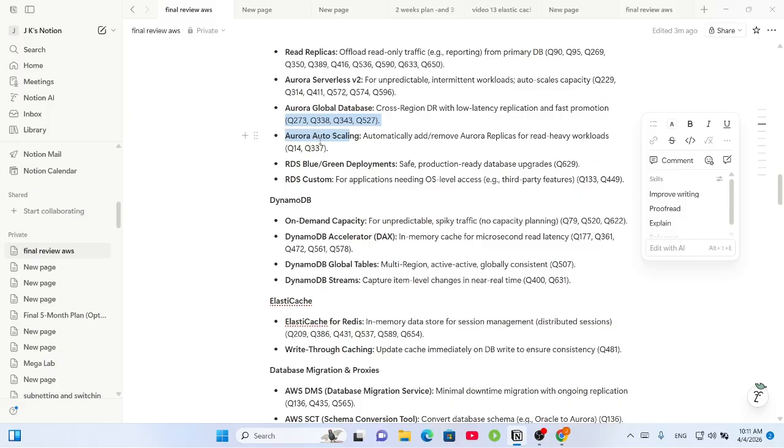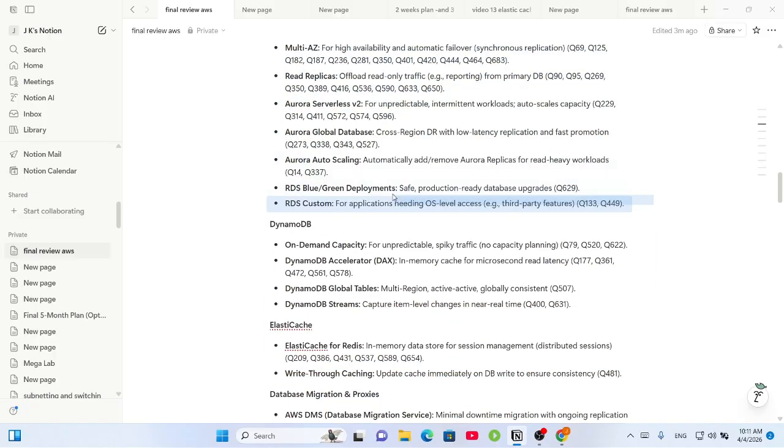Okay, and RDS Blue/Green Deployment, safe production-ready database upgrades. RDS Custom for applications needing OS level access. I think this is pretty straightforward. Okay, we don't need to go into details. Yeah, you said Aurora Serverless.